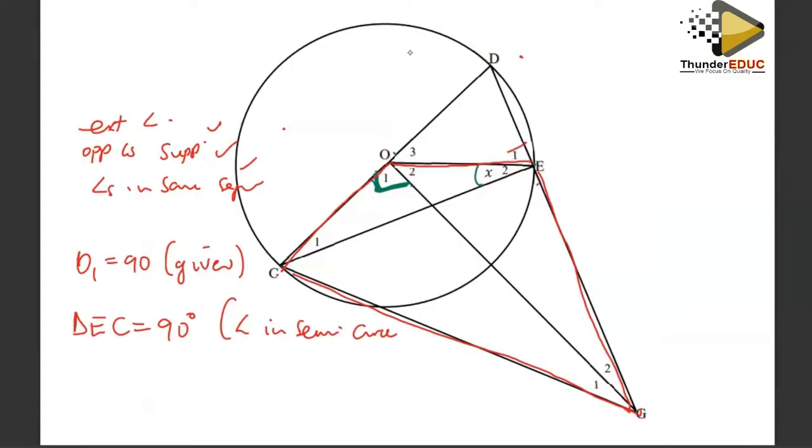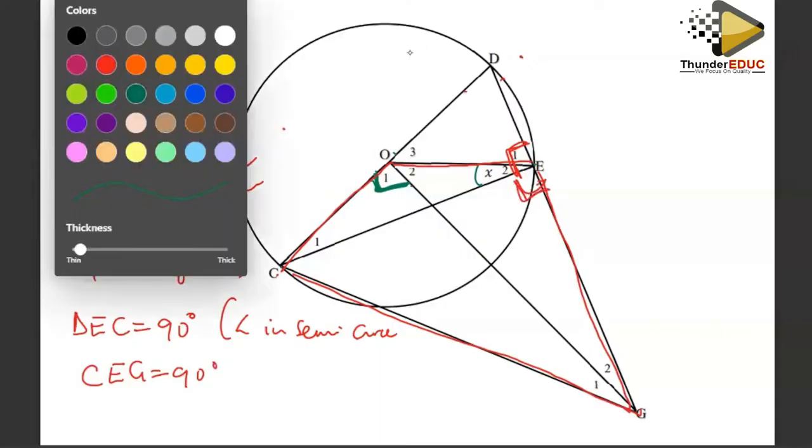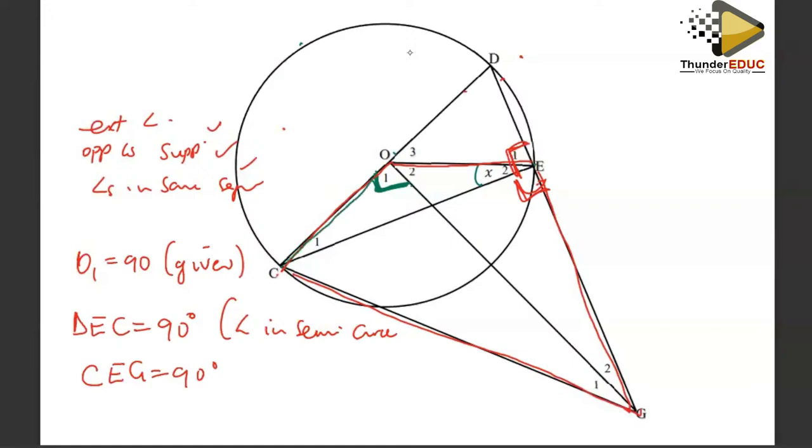So the whole of this is a 90 because this is a diameter. And if that is a 90, then CEG will also be a 90, this one. So since we have the 90 and the 90, in other words, we are getting the bow tie here.